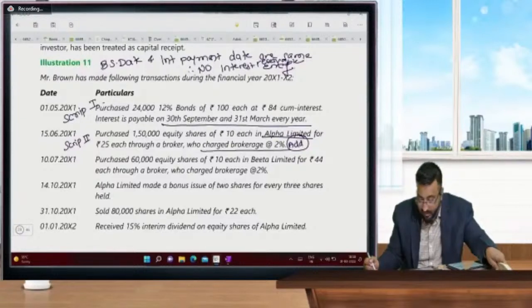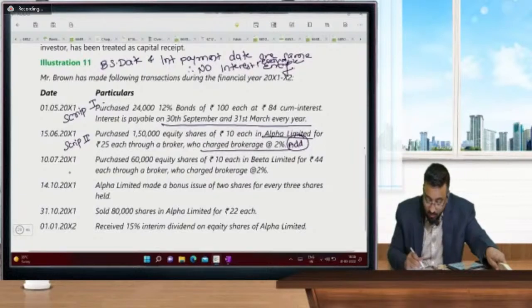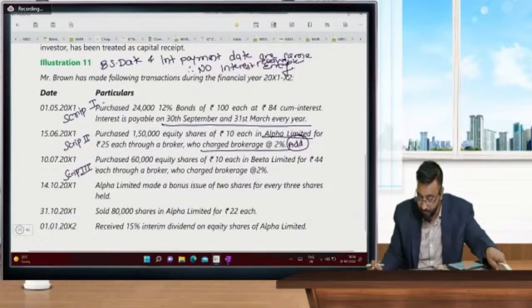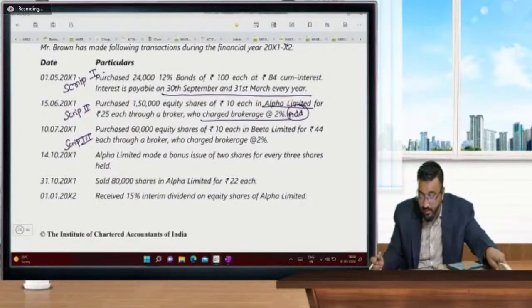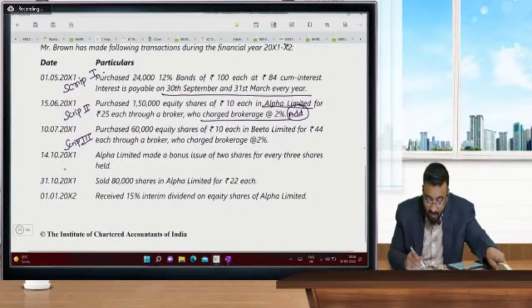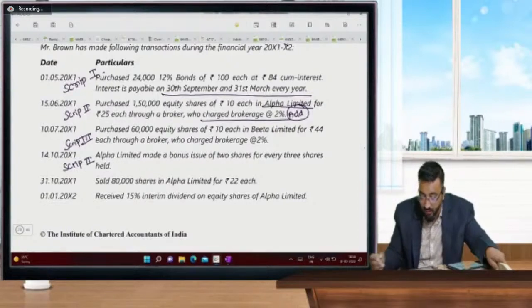Purchase 60,000 equity shares of Beta Limited who charge brokerage. So this is script number 3. Alpha Limited made a bonus issue of 2 shares for every 3 shares. Script number 2. Sold 80,000 shares in Alpha. Script 2.